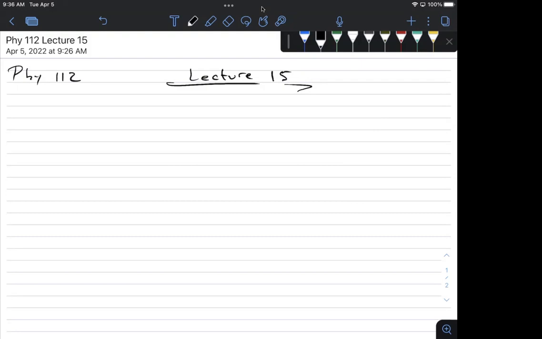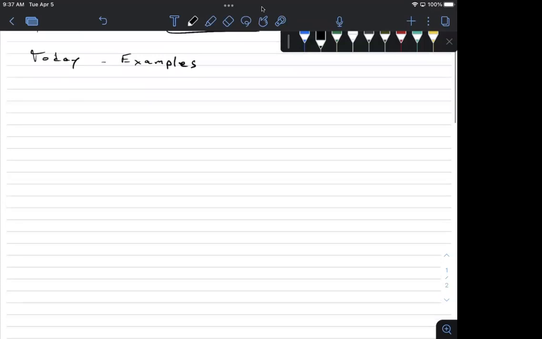So because of that, here's kind of the little bit of a layout of what's going on. Today, we will work on examples and such for the material we've already done, which is, of course, Bernoulli's principle, but also the pressure depth relationship that we did last time, or we introduced it last time.